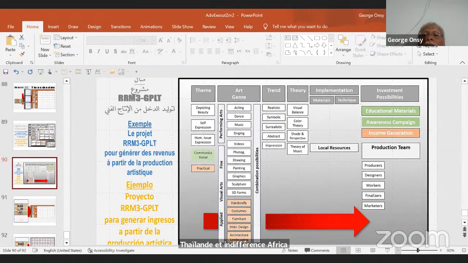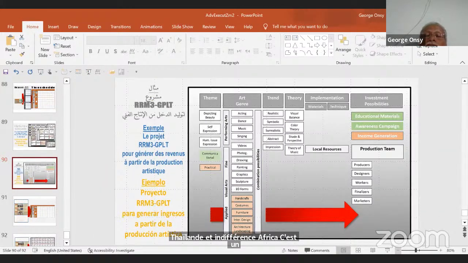Here also, finally, how to use an income generating project, because people always talk about fundraising and how to find the sponsors and so on. I designed this about 2 years ago and presented it to the GPLT to show how people who have talents of art can produce something.